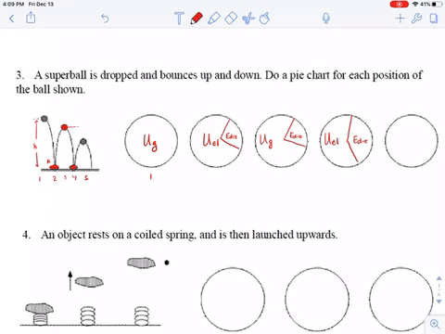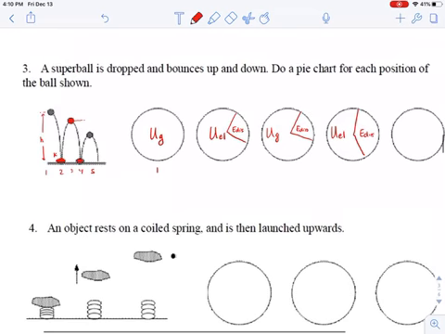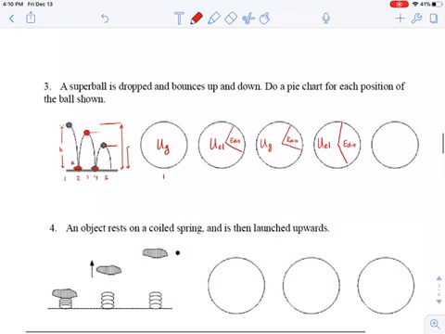It looks like maybe almost exactly half, because look at this. At the 5th position, the ball is only about half as tall as it initially was. So maybe I'd make this straight. And at position 5, half of the energy has been dissipated, and half is gravitational potential.